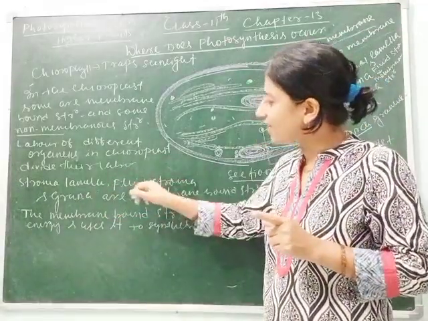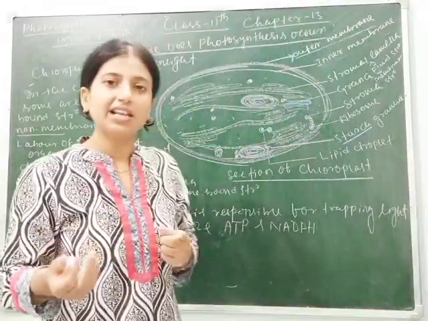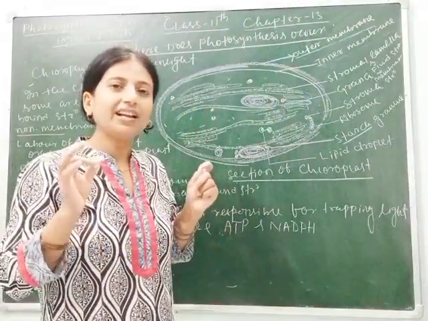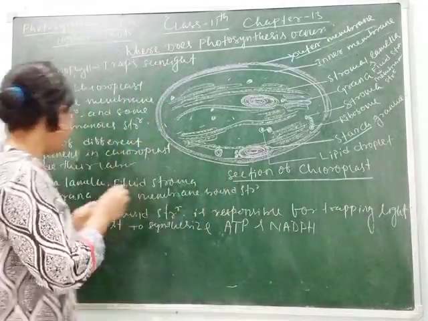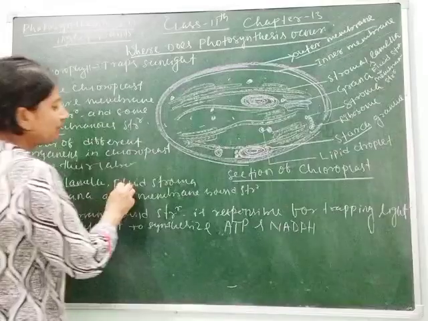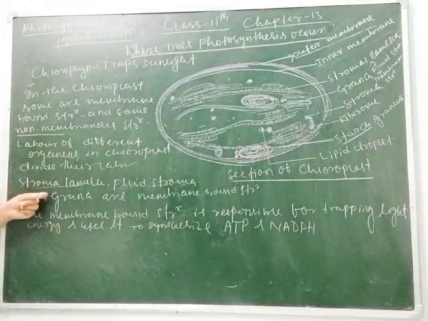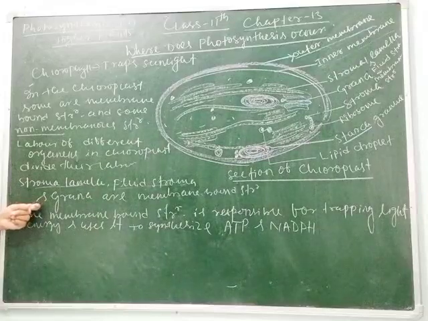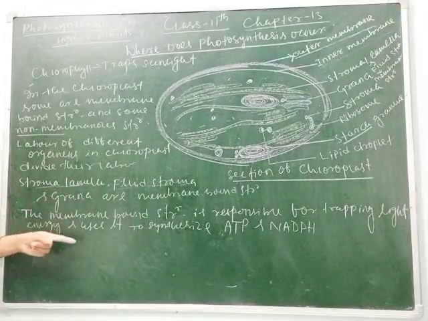Means these areas trap light. If these areas trap light, then they will synthesize food. It means we can clearly say that photosynthesis occurs in these parts, as they trap light. And after trapping the light, they use it to synthesize ATP and NADPH.